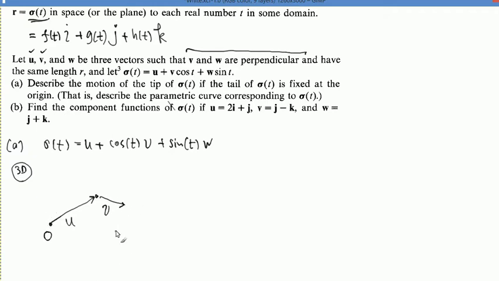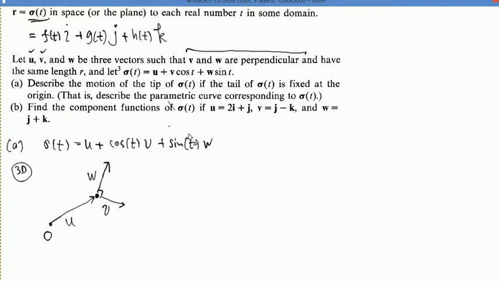Okay. Rather than going from here to w, it turns out it's better to put w here, but they're perpendicular to each other, right? v and w. So I will put something like this. That's the w, and they're perpendicular to each other, right? Those are the 3 vectors. If you put it like this, we can interpret the meaning of this one.